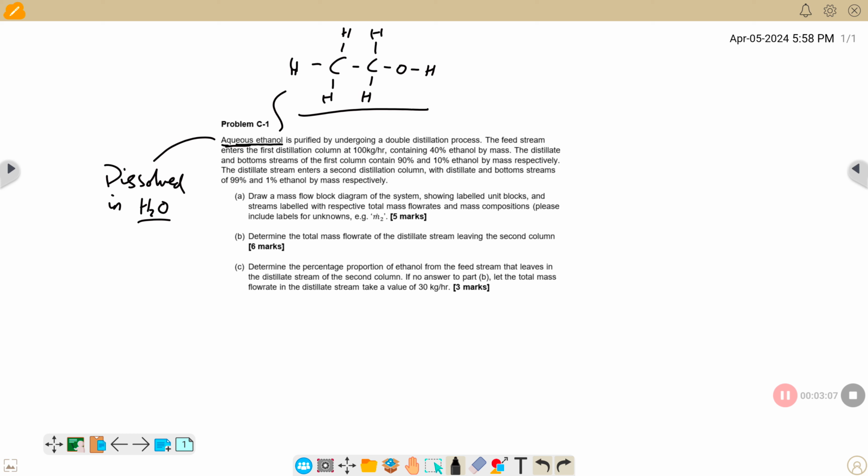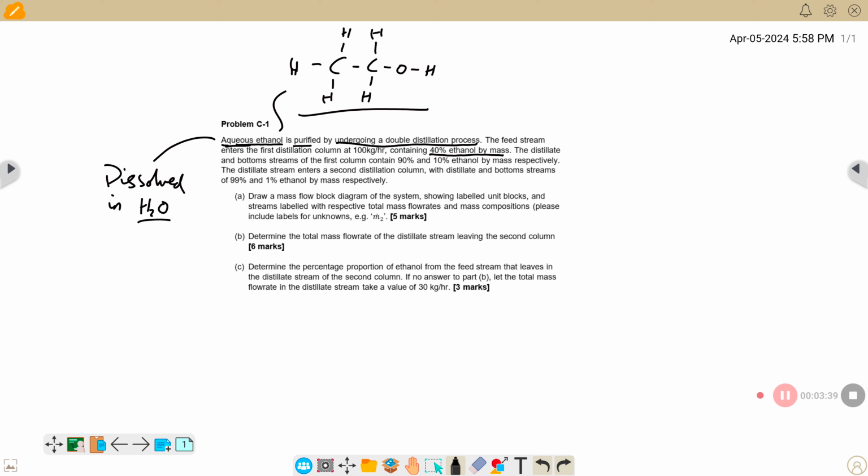So this aqueous ethanol contains 40% ethanol, and by purifying it, we're essentially separating that ethanol from the water, so we're purifying it. Okay. Undergoes a double distillation process.